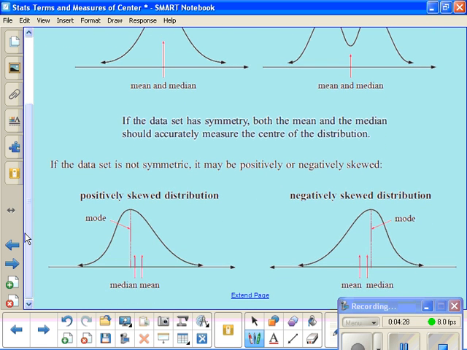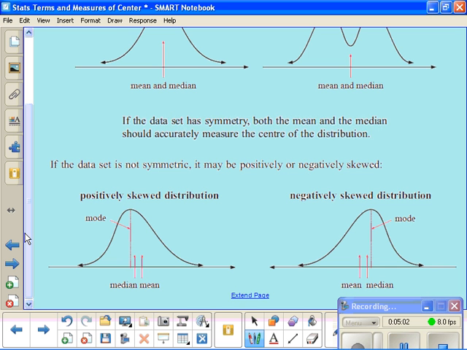But when we start moving the mode around, or things become skewed one way or the other, positively skewed or negatively skewed, the mean and median move with that. For example, if we have the average salary of the adults in this building, and then we bring in a person like LeBron James or Kevin Garnett or some of those people that are getting paid millions of dollars, they would be an outlier, and they would skew the data one way or the other, positively or negatively.